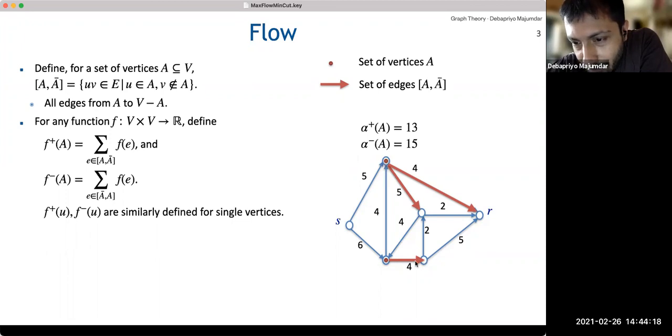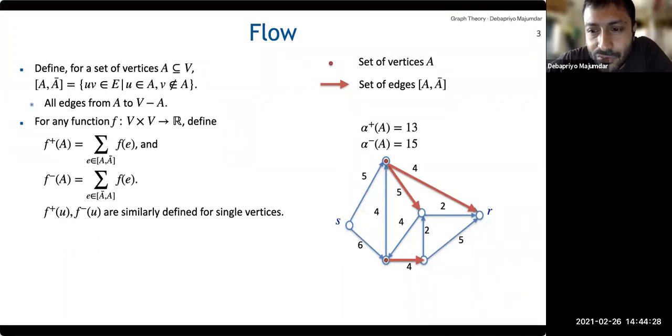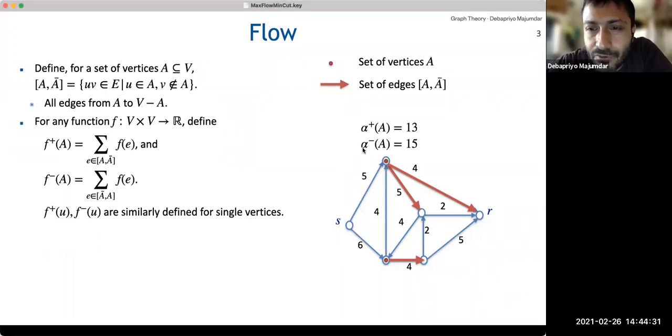Here the alpha minus is 4 and alpha plus is 7, right? Now I think you are starting to realize that for the capacity function, the plus and minus denote the outgoing and incoming capacity. So the incoming is minus, the outgoing is plus. For example, if you take this vertex, it means the incoming capacity is 4, outgoing capacity is 7. Okay, so we can define this plus and minus for a set of vertices or single vertices.